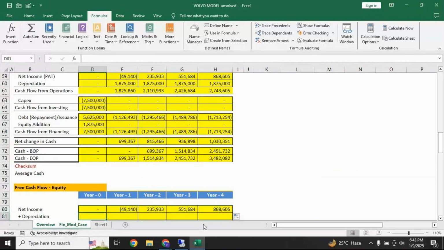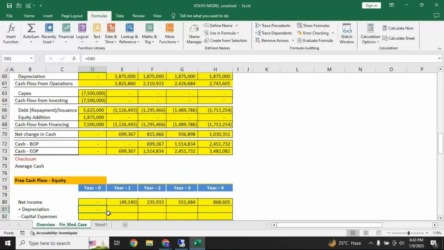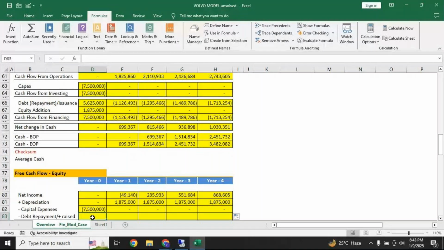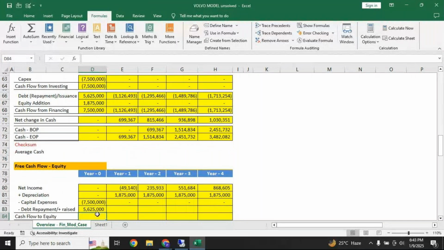Then the depreciation, capital expenses, debt repayment, cash flow from equity, so this will be the sum of these values.